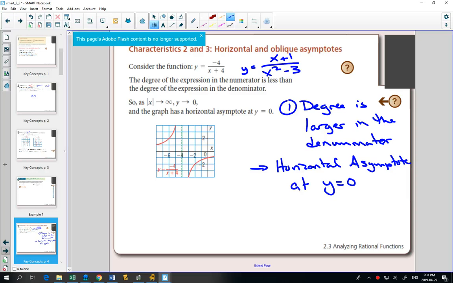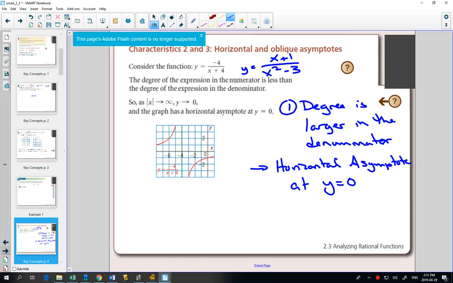If your denominator has a higher degree, for example, if I plug 1,000,000 into x plus 1 and 1,000,000 into x squared minus 3, x squared minus 3 is going to be way, way bigger than x plus 1 because that power of 2 makes it that much bigger.